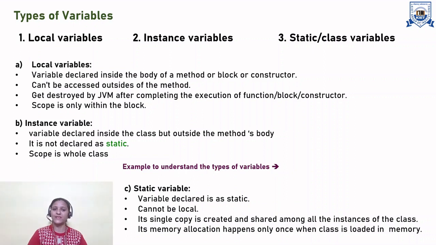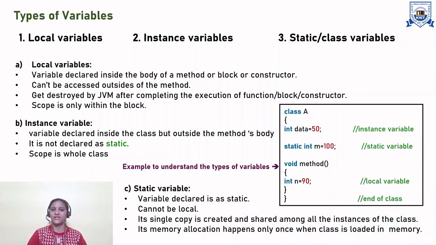Now the example to understand the types of variables. In this example, the variable int data having the value 50 is declared inside a class, so it is an instance variable. This variable is declared with the keyword static, so it will be a static variable.